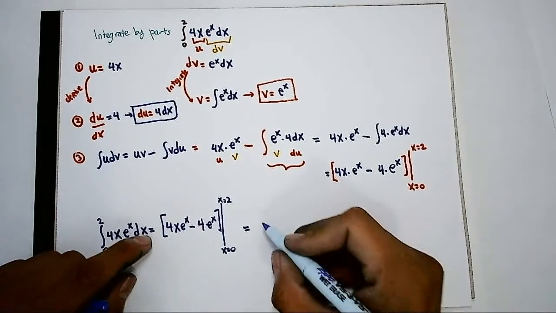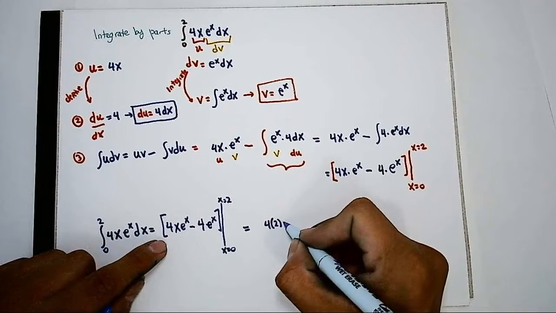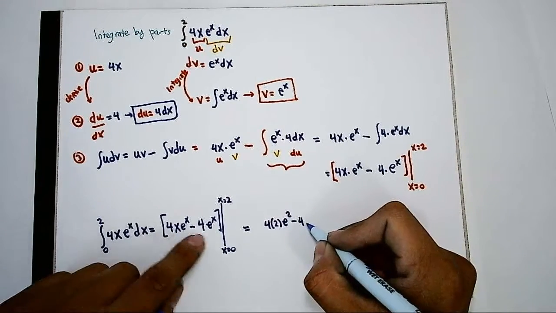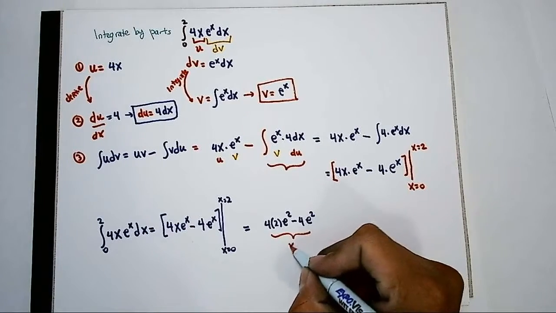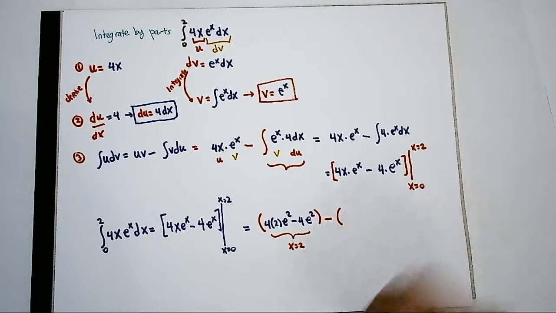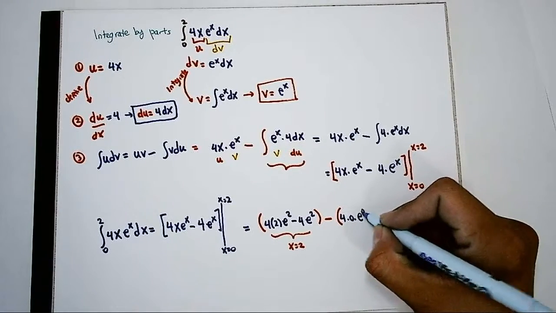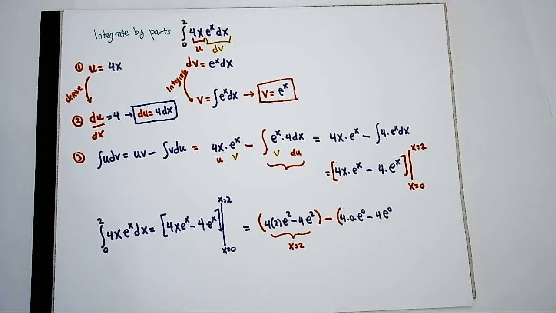Here we have 4 times 2 times e squared minus 4 times e squared. This is when x is equal to 2. Minus 4 times 0 times e to the 0 minus 4 e to the 0.